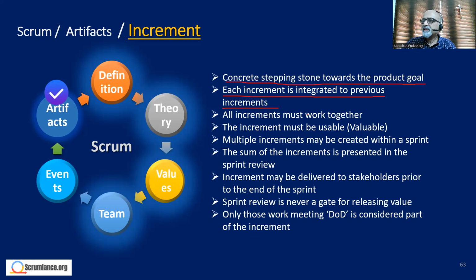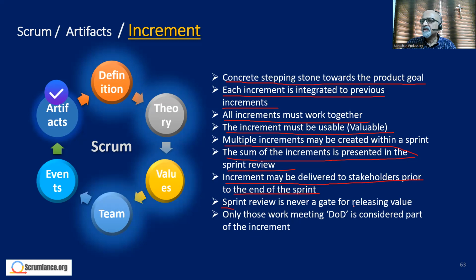So the increment is integrated to previous increments. All increments must work together. The increment must be usable and valuable. Multiple increments may be created within a sprint. The sum of the increments is presented in the sprint review. Increment may be delivered to stakeholders prior to the end of the sprint.